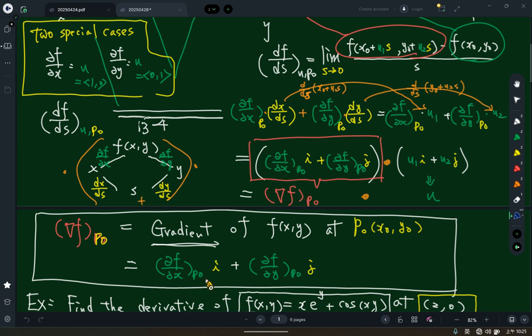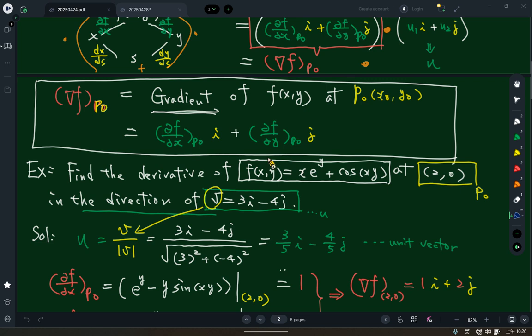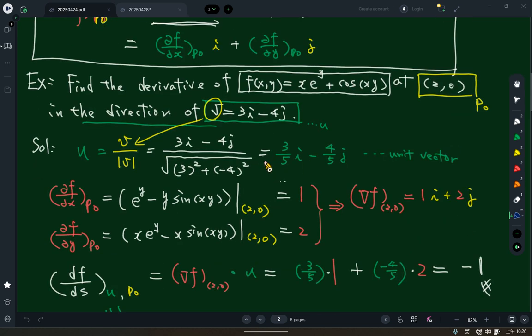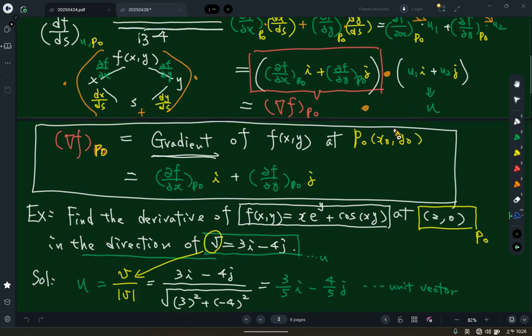The gradient vector is defined here as partial f partial x at p0 and partial f partial y at p0. Using this p0 and f, you can get the gradient vector, then take the inner product, or dot product, with u, this unit vector. Okay, so then we know how to get the directional derivative by this formula.